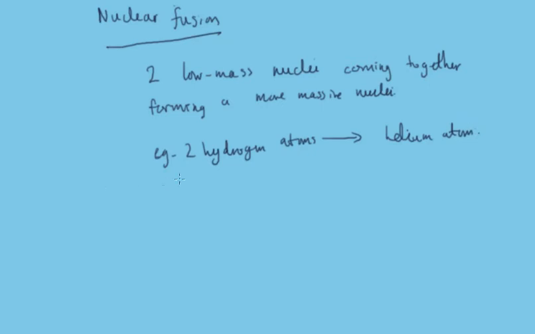Now again, if you do accurate mass measurements before and after the fusion reaction, you find there's a similar mass deficit as we had with the fission reactions. The total mass of the reactants is greater than the total mass of the products.